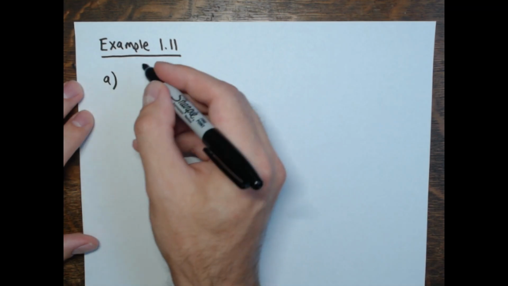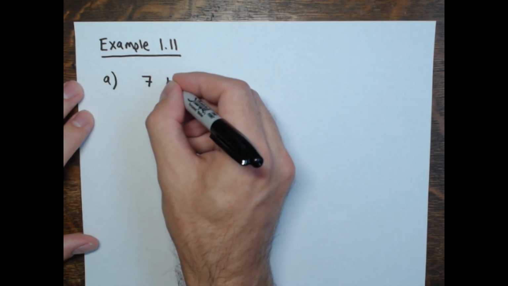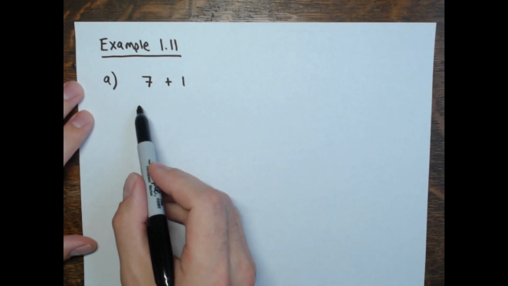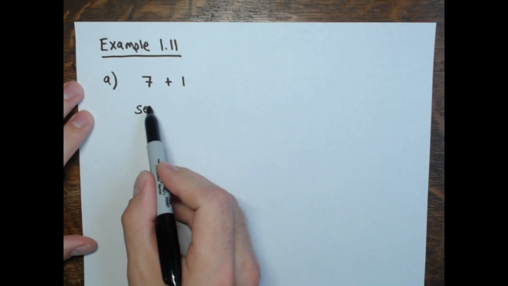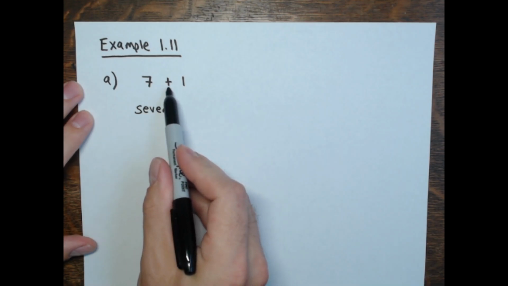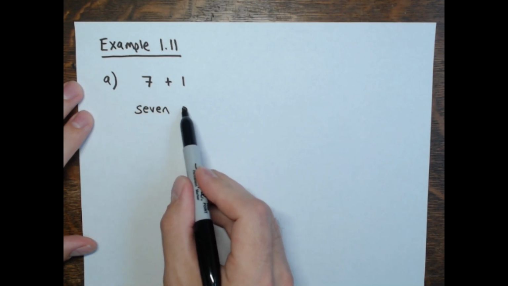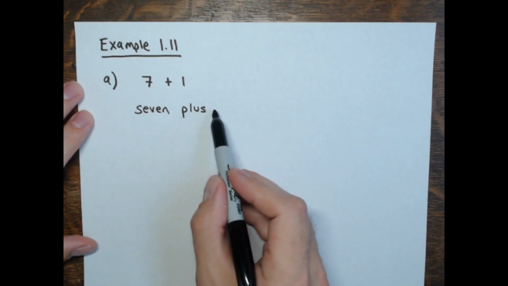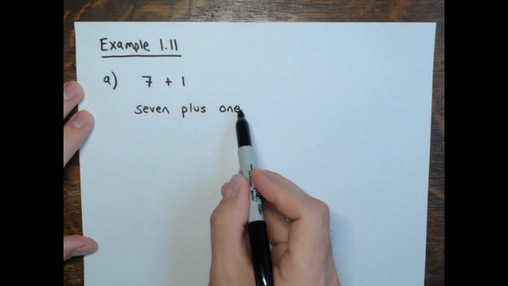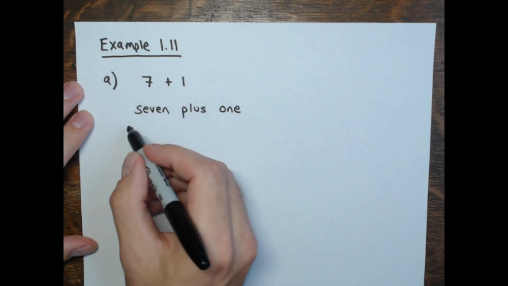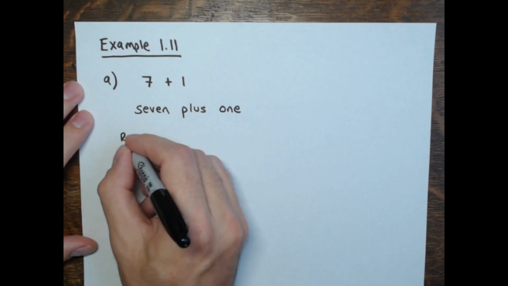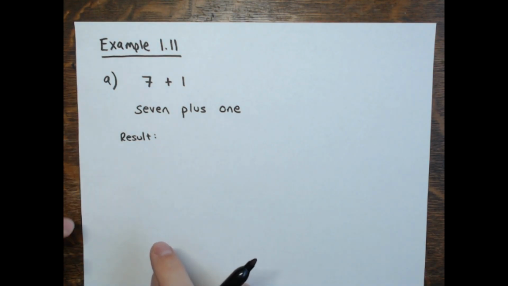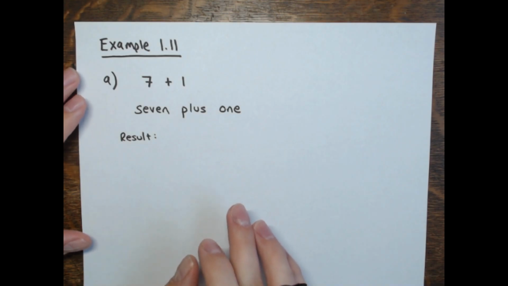Part A, we have 7 plus 1. So again, in words, you could say 7, then this symbol here, this notation, they call it the plus sign, right? The addition sign, 7 plus, and then the number 1. So that's how it's read. And the result of this addition, which we'll get to later, we'll call it 8. 7 plus 1 is 8, but that's not what we're doing right now.